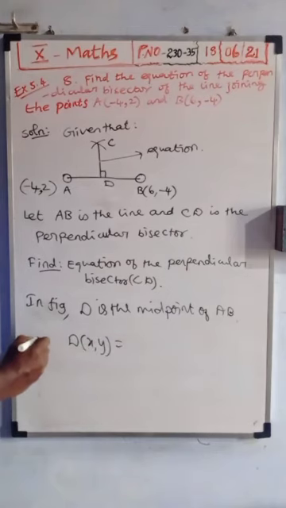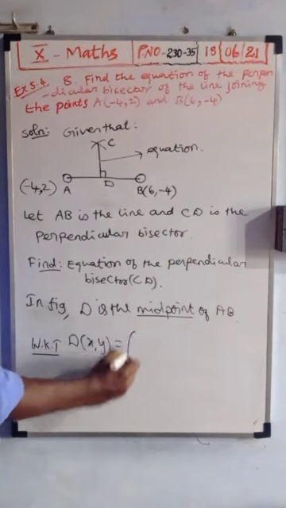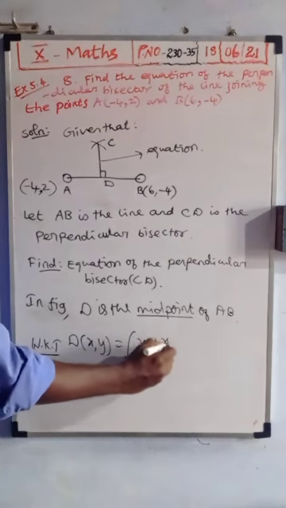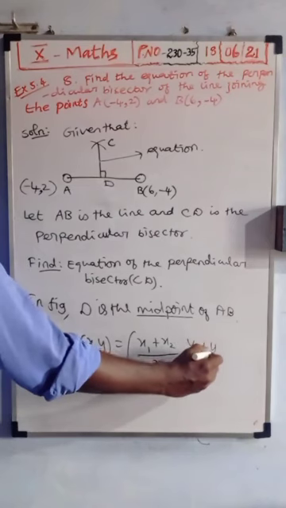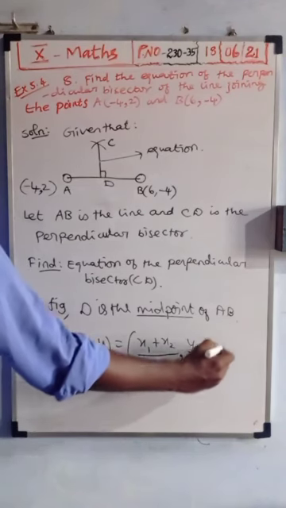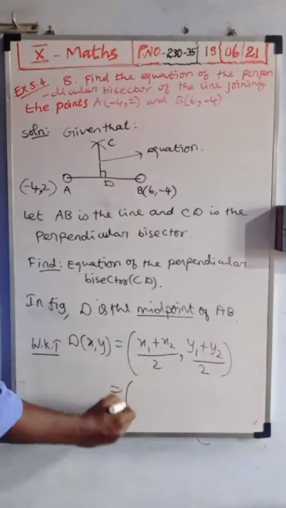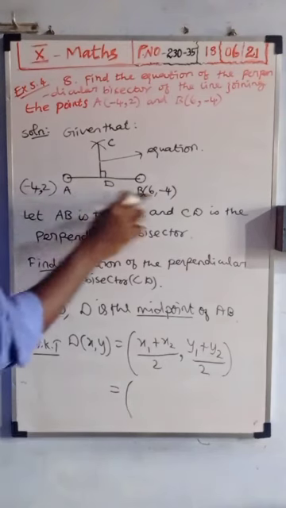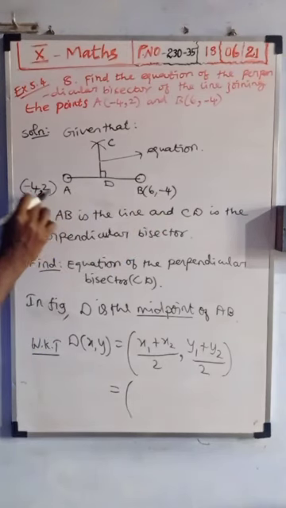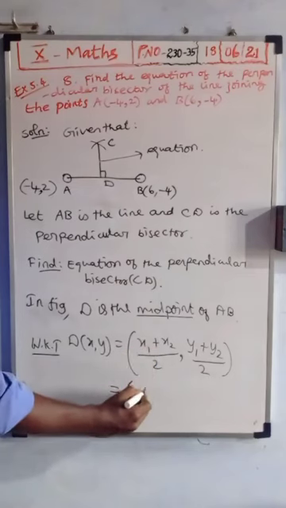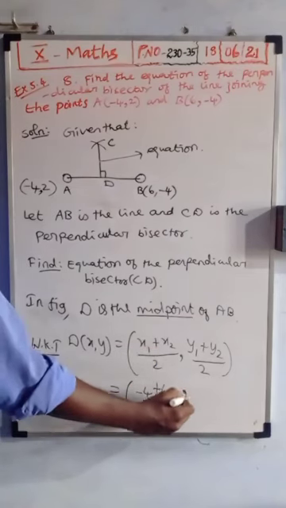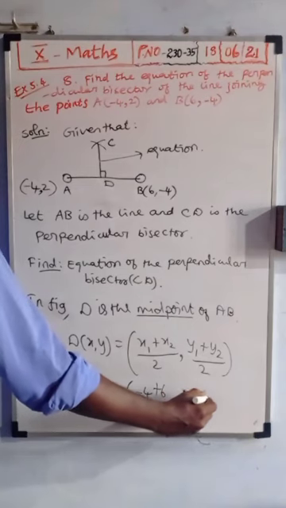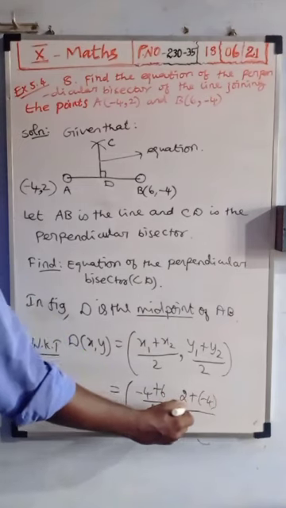So use the midpoint formula, D of x comma y. We know the midpoint formula: x1 plus x2 by 2 comma y1 plus y2 by 2. Now you should substitute. A point is x1 y1, B point is x2 y2. Then minus 4 plus 6 by 2 comma 2 plus y2 value minus 4, whole divided by 2.